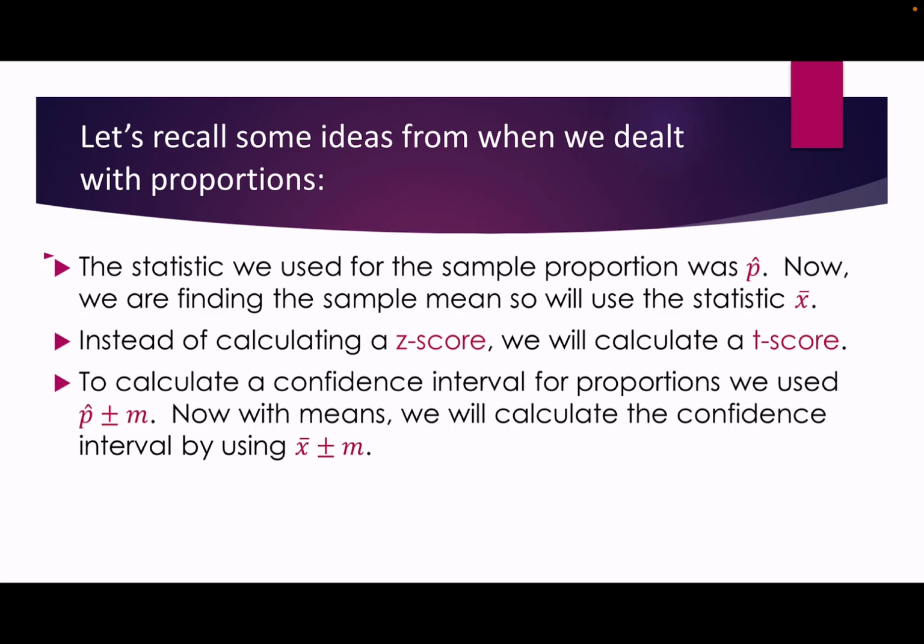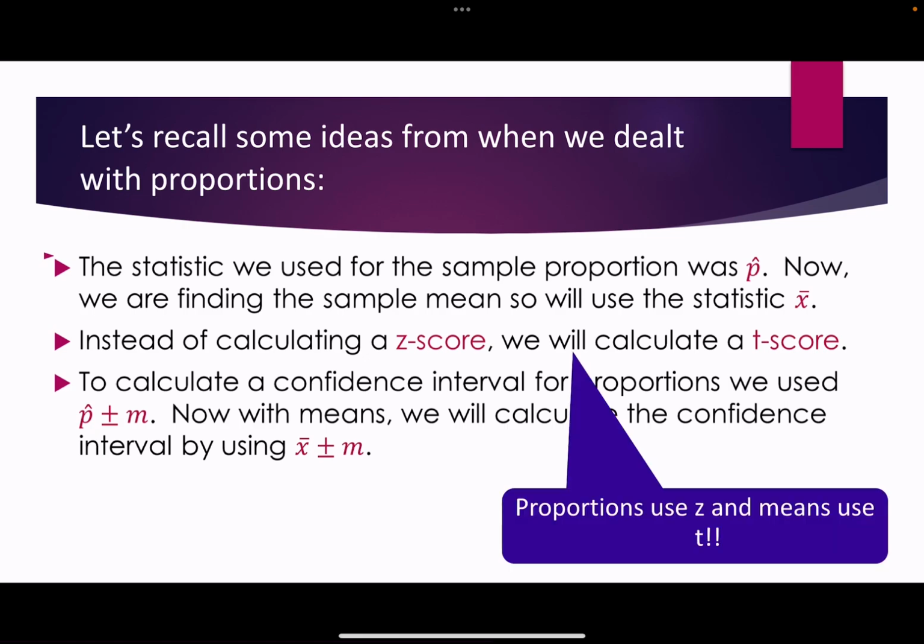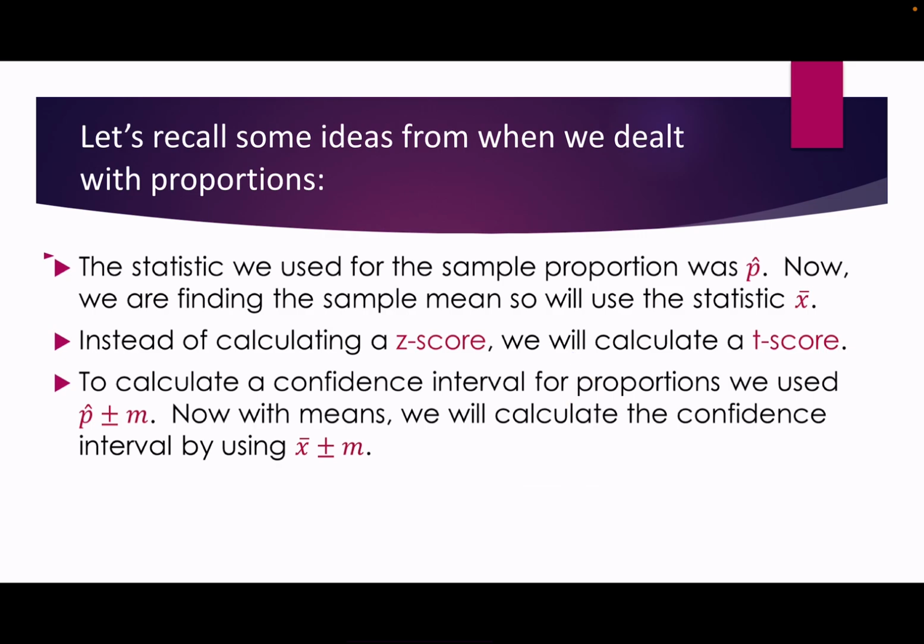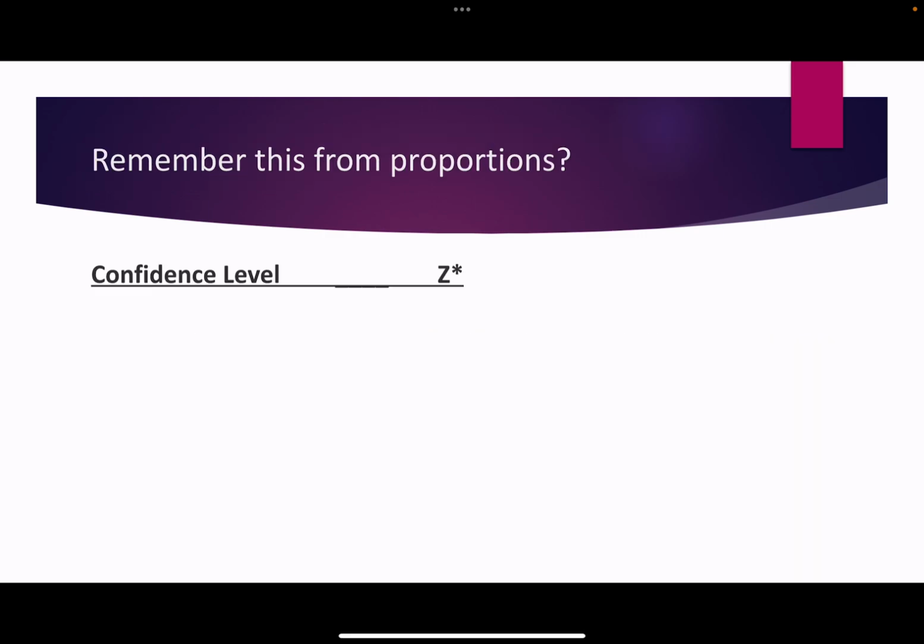We are also going to introduce the calculator a lot sooner than we did the last time, mostly because you have already done all of these confidence intervals with proportions. We are just introducing the words means, t-score, and that type of stuff. So proportions use z, means use t's. This is going to be huge when we get towards finals and the difference in those, especially for my juniors.